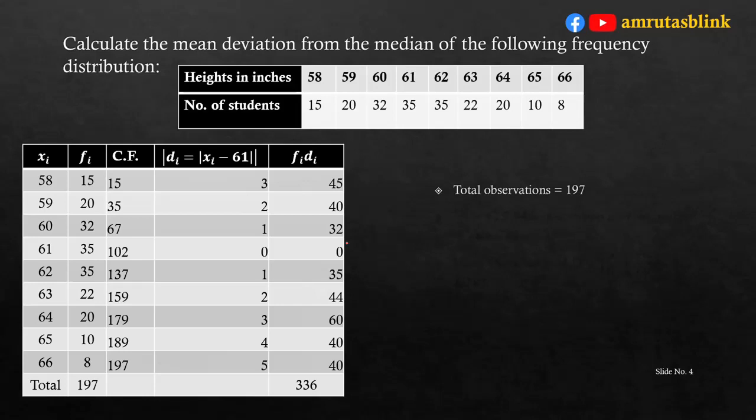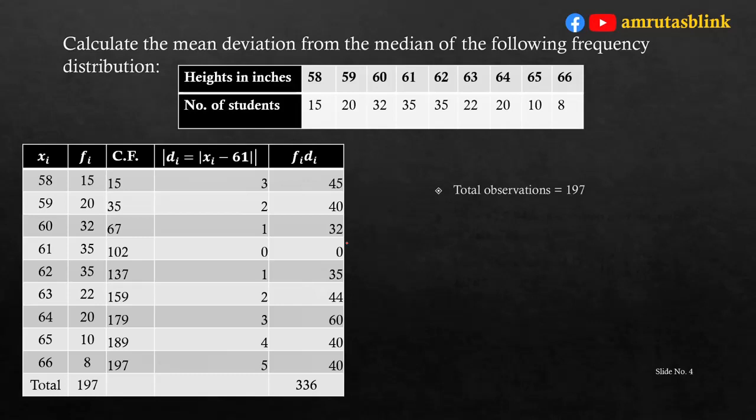Now, we will fill up the next column of frequency. In the frequency column we write the number of students, that is 15, 20, 32, 35, 35, 22, 20, 10 and 8. Now, the summation of fi, the total of this second column, is equal to 197.